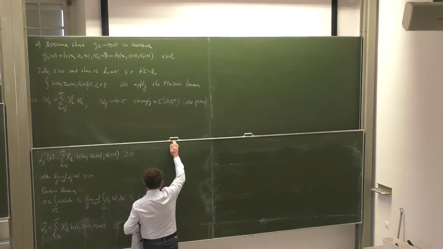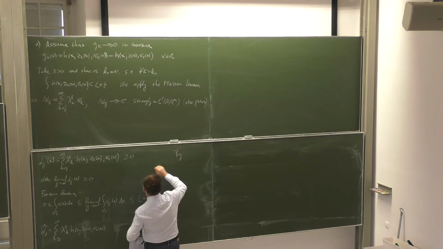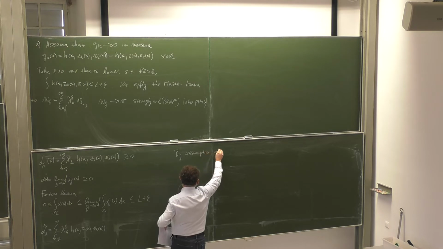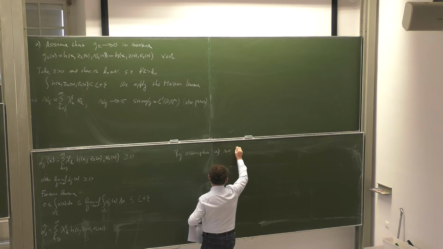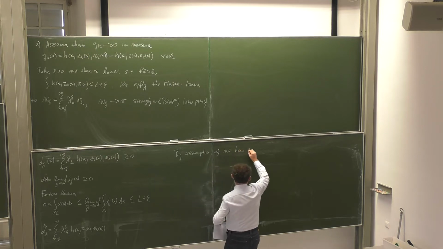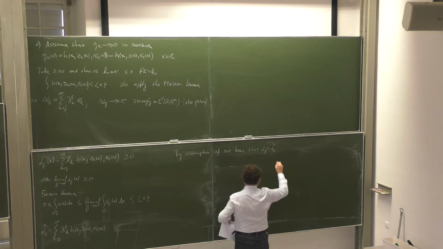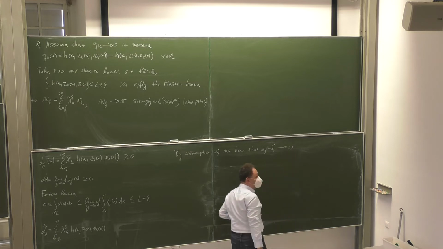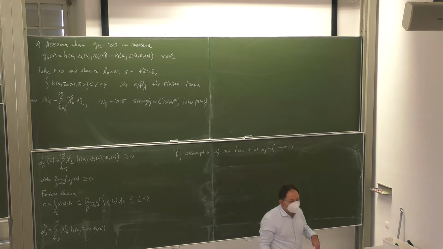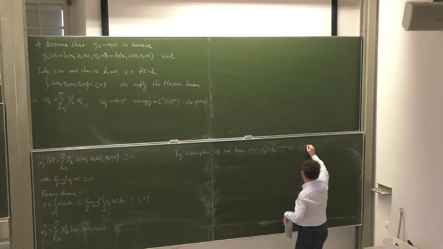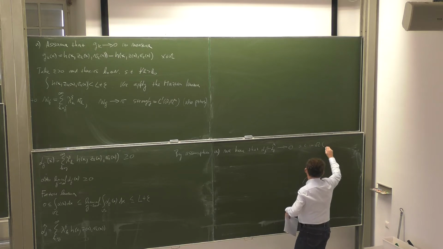So by our assumption, alpha_j minus alpha_j hat goes to 0 in measure, but I can take a subsequence which converges pointwise to 0, almost everywhere in omega.